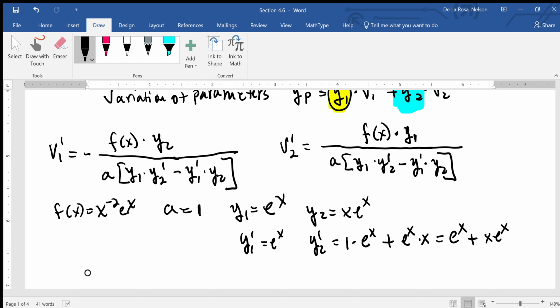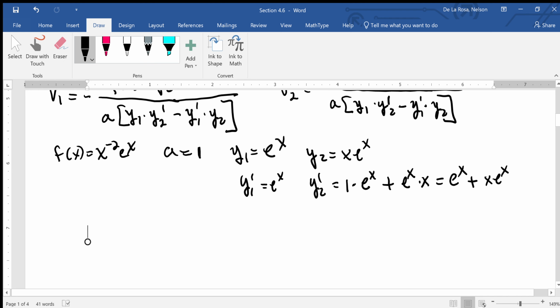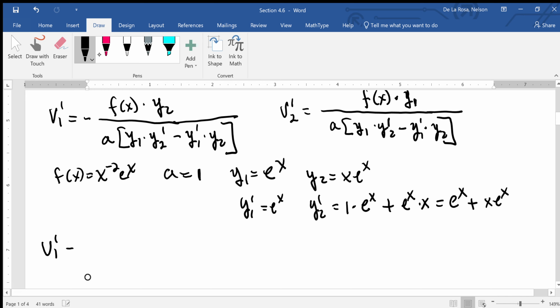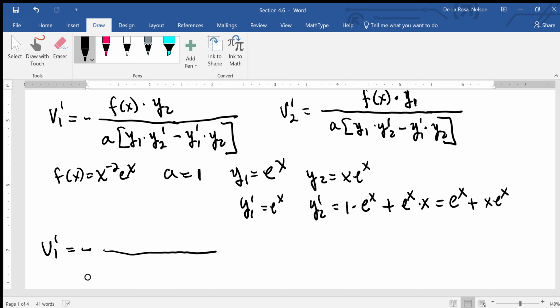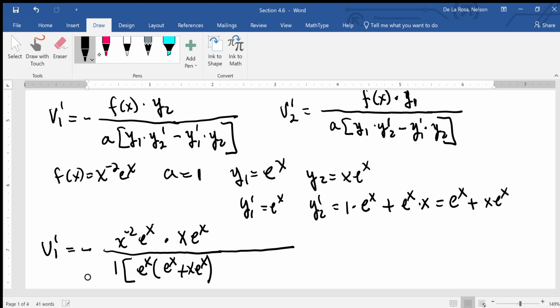So v1 prime is negative x to the negative 2 e to the x, which is f of x, times y2, which is x e to the x, divided by 1 times y1, which is e to the x, times y2 prime, which is e to the x plus x e to the x, minus y1 prime, which is e to the x, times y2, which is x e to the x.